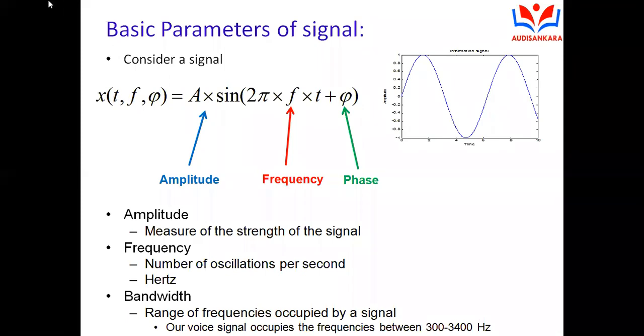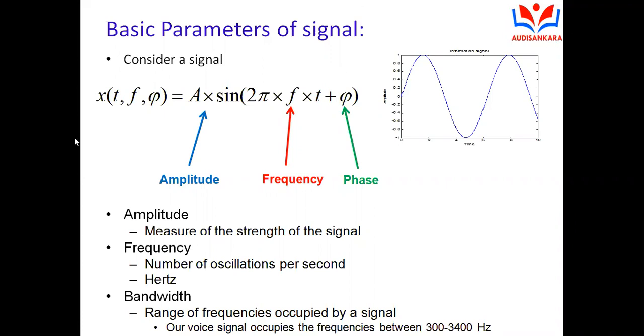Here it is given as x of t, f, phi, where t means time, f means frequency, and phi means phase. Here we are not concentrating on the carrier signal, so instead of fc we consider only f.